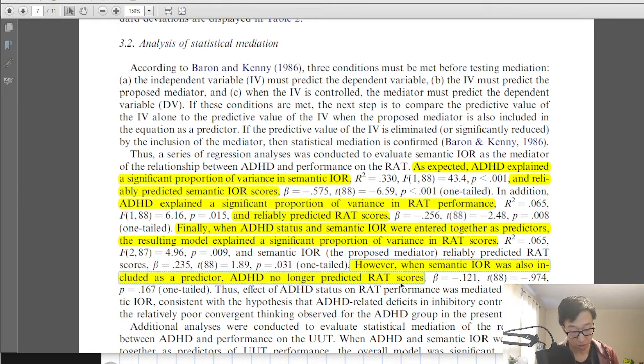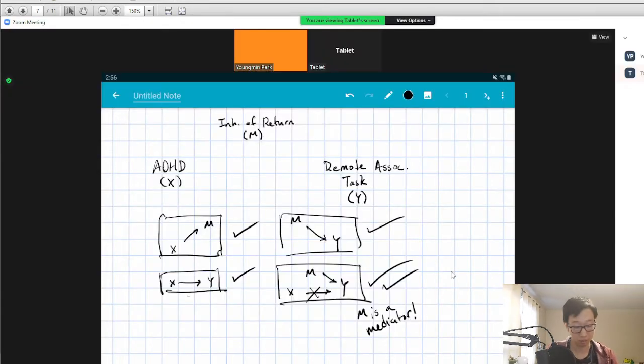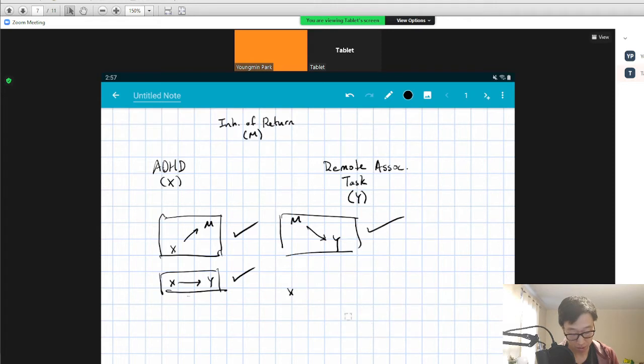So there we go. All this together shows that M is in fact a mediator. M being the inhibition of return task.